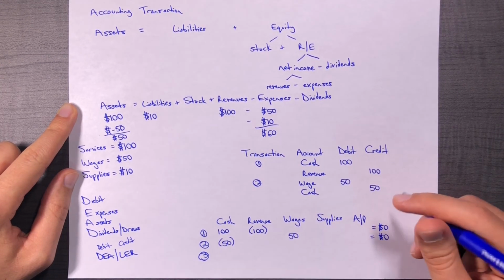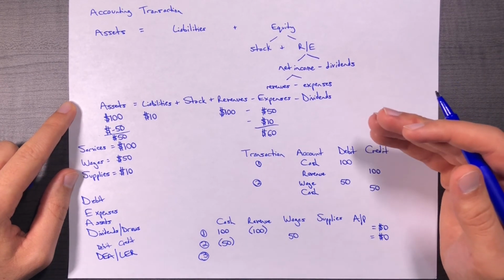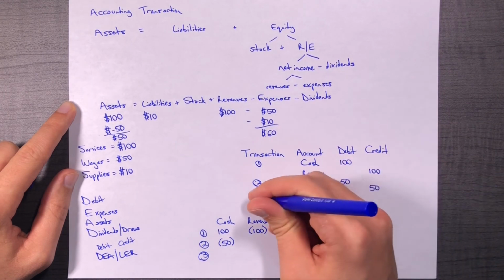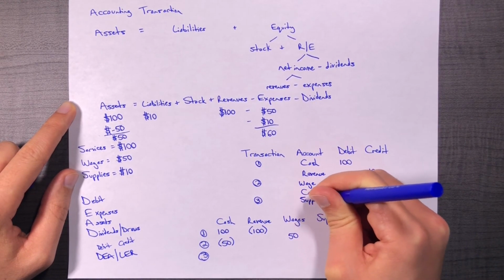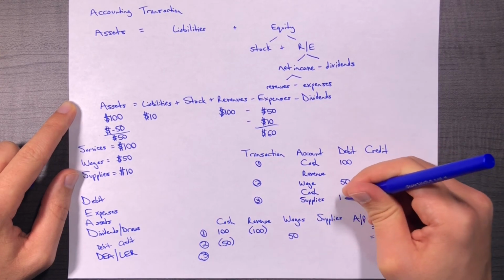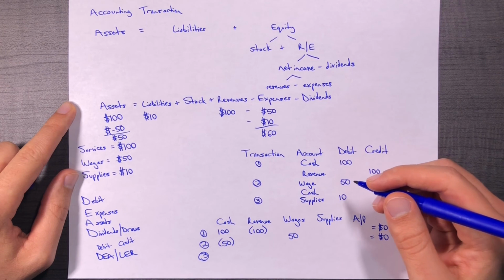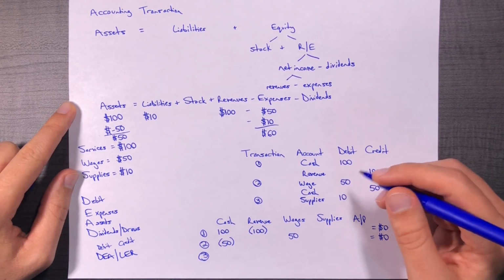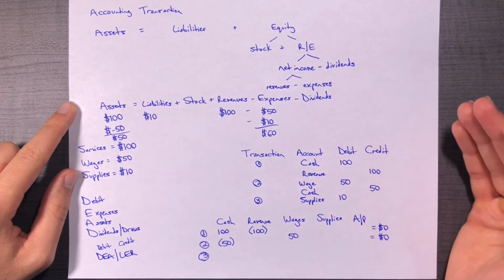And our third and final transaction was the purchase of supplies on account. Supplies is an expense account, so we're going to debit it $10 to increase it. So we'll put supplies, and we'll put 10. Now let's look at DED to figure out whether to debit or credit accounts payable, which is a liability. If you remember that debits and credits must always be 0, you probably already know what we're going to do.